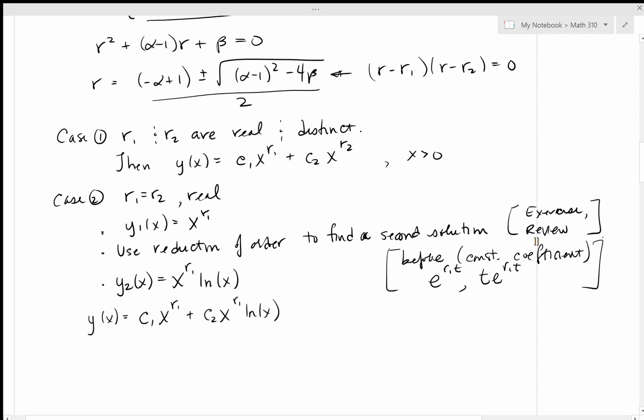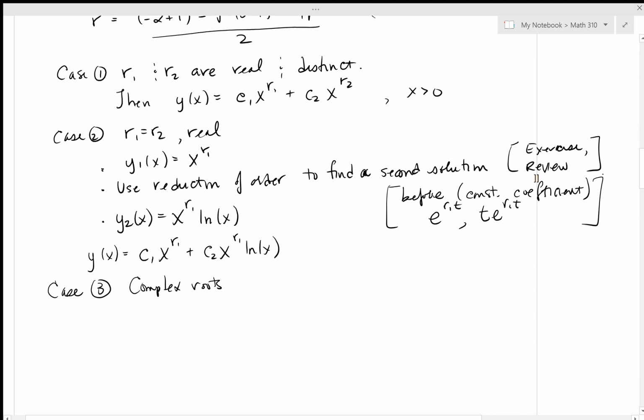And then we have the third case, not surprisingly, the complex roots. We're going to have one conjugate pair, and I'll use the same naming convention we did before. r1 is going to be lambda plus i mu, and r2 is going to be lambda minus i mu. And mu will not equal 0, because if mu was equal to 0, we would be in case 2, which we've already handled.